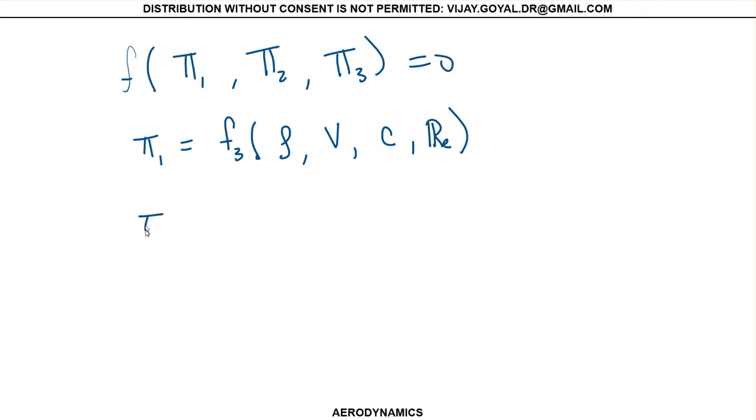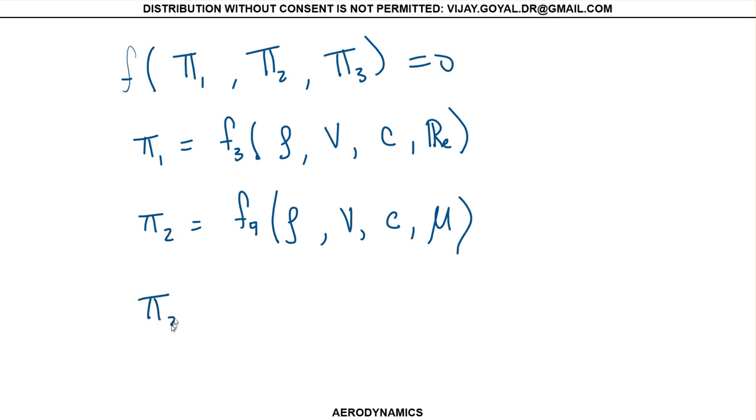Let's suppose I have another function that is a function of rho, V, chord, and viscosity. Let's suppose I have another function that is a function of rho, V, c, and the speed of sound a.